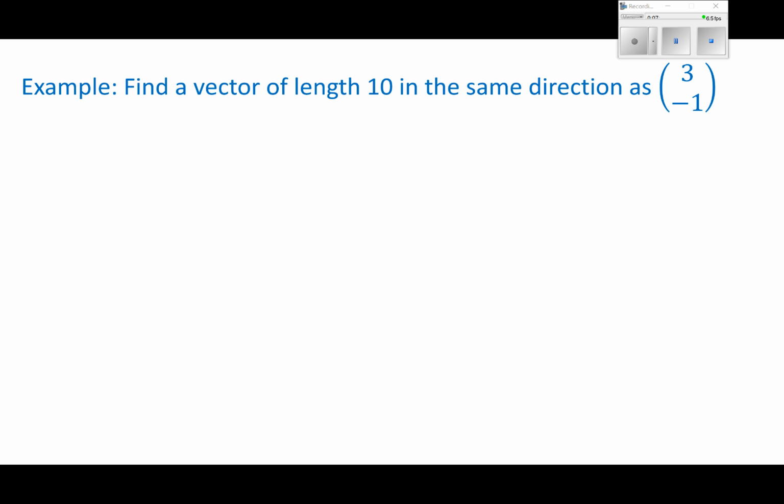All right, so now let's find a vector of length 10 in the same direction as 3, -1. So first off, we've got to figure out the magnitude of this one. And so that's going to be 3 squared plus -1 squared, which is the square root of 10.